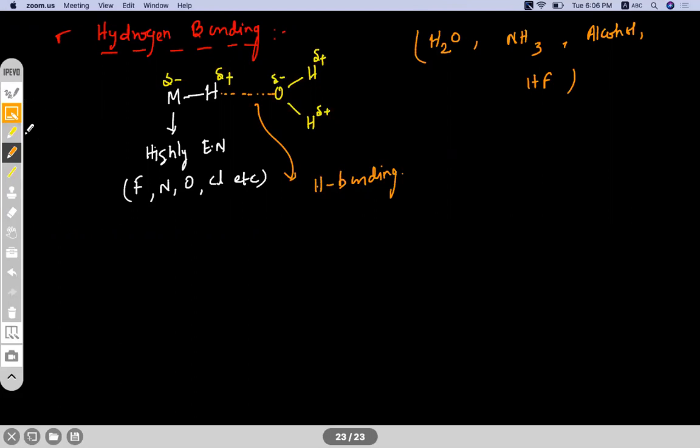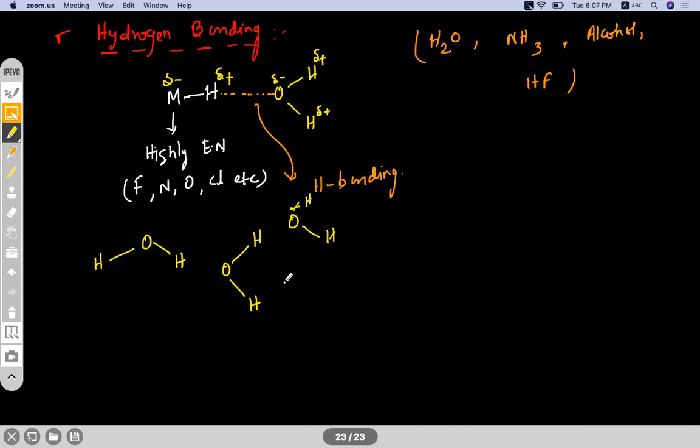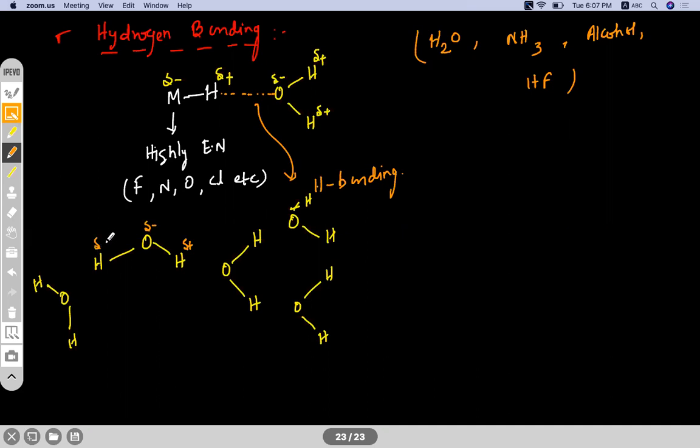Okay, if you look at the hydrogen bonding in water, all these molecules you see, this has delta positive, delta negative, delta positive charge.